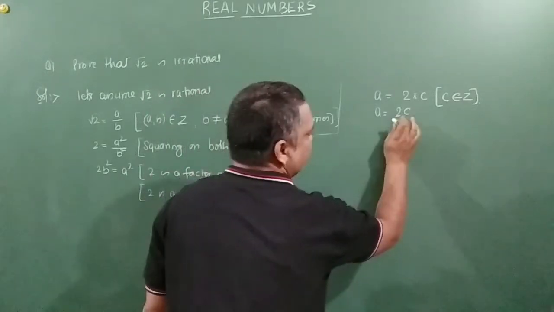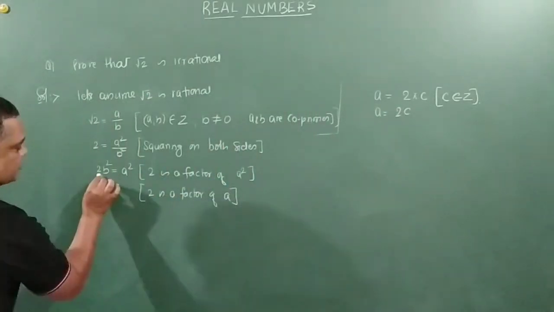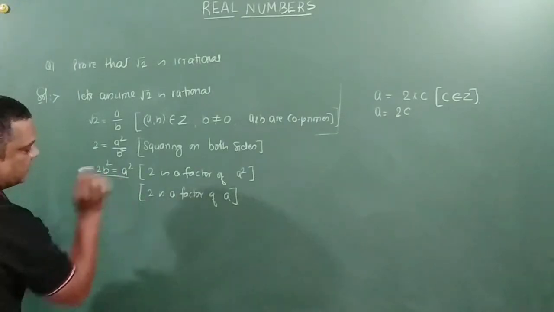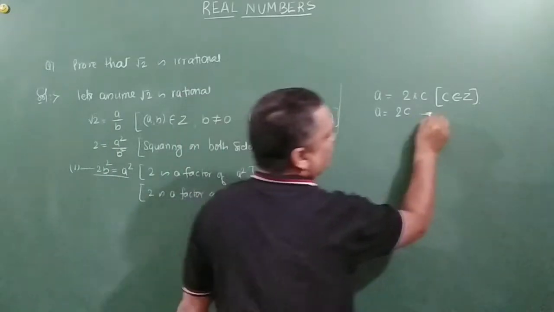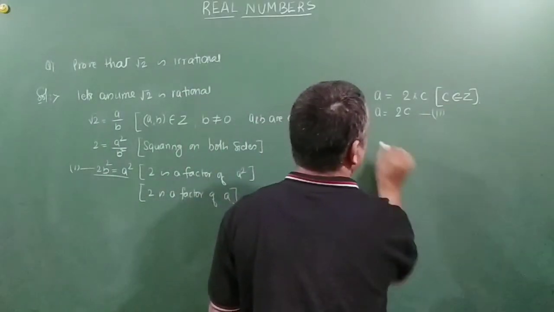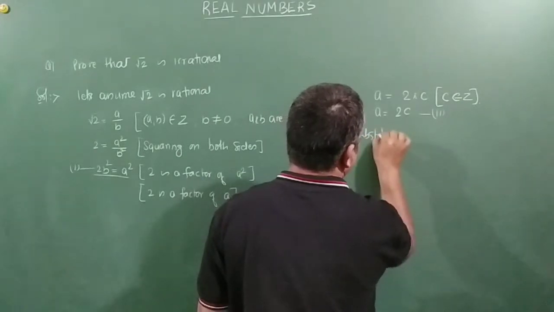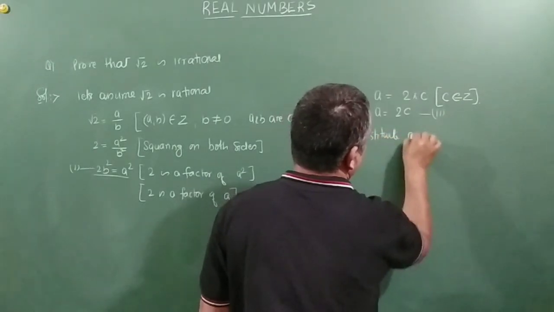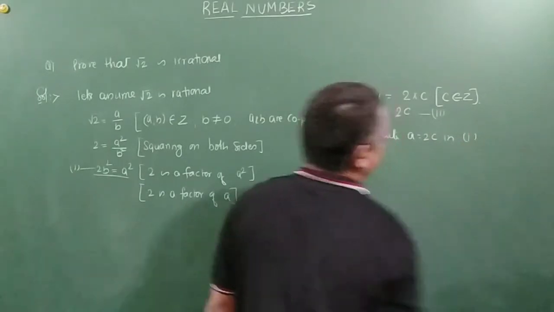Now, can we replace a is equal to 2c here in this portion? Let's call it equation number 1 and this equation number 2, so it becomes easier to write. Substitute a is equal to 2c in equation 1.